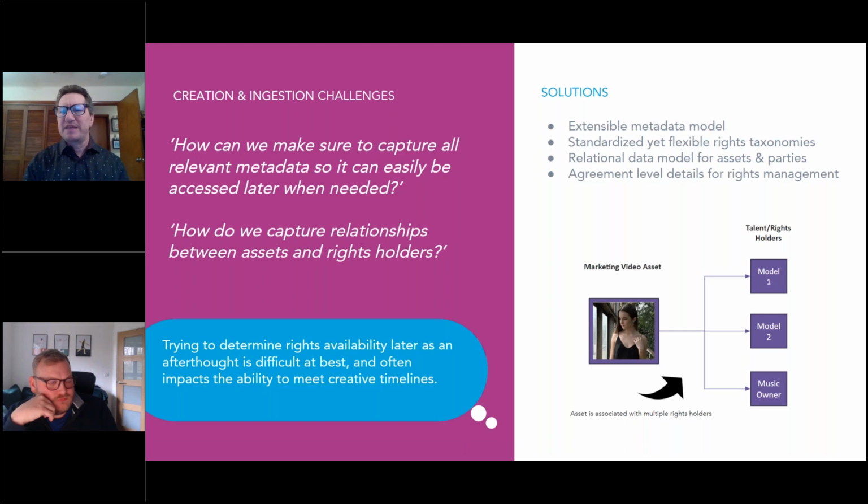It could be basic rights capture, but as you grow and as your content becomes more complex, we typically see the need for data models that allow for a much more complicated set of rights management to be captured, and that typically involves taking that to the agreement level, to the talent agreement level.